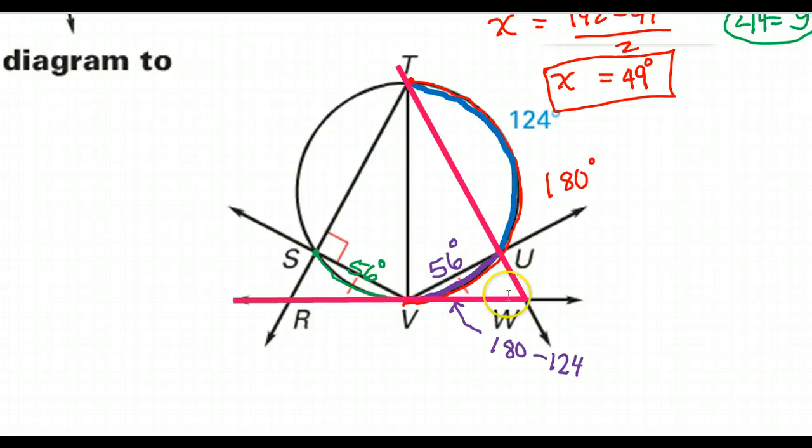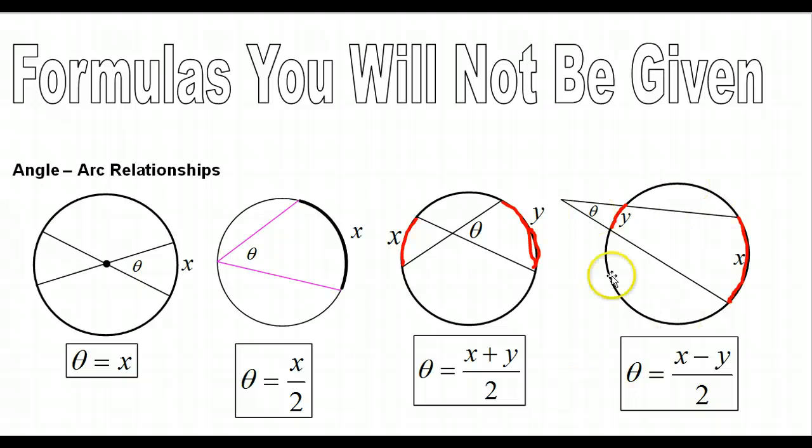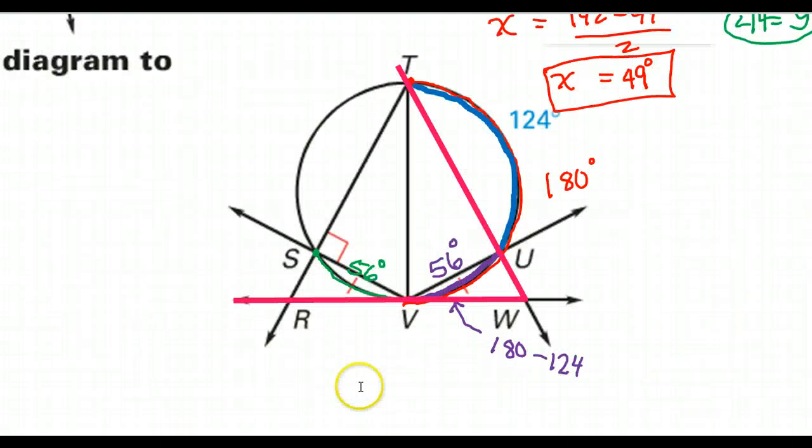Notice that this angle goes outside of the circle. So if I want to find angles that go outside the circle, remember that I need the big arc minus the small arc divided by 2. So I need to know what the two arcs are that I'm talking about. Now I'm running out of colors, but I'm hoping you can see that the small arc is this arc right here.